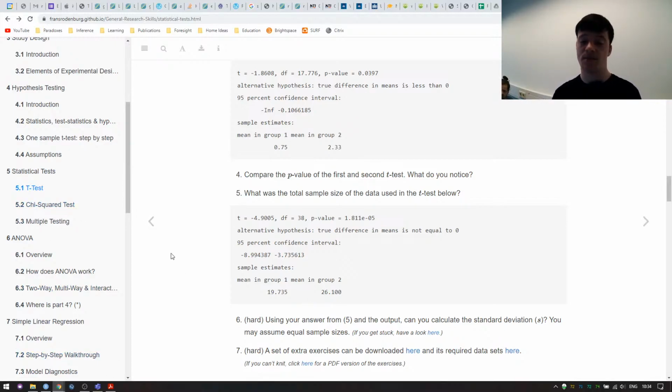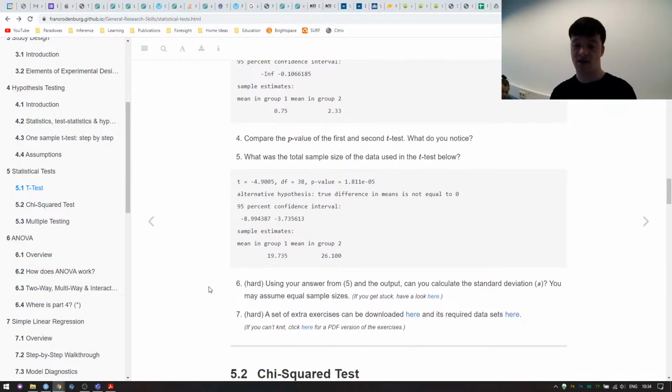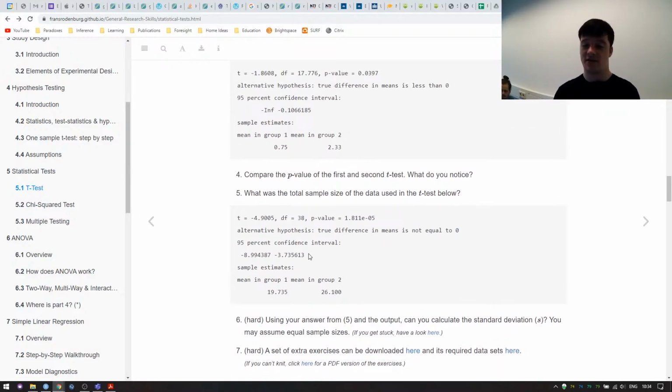There are also some harder exercises, so you can in principle calculate a lot more from these values, but I don't want to make it too complex because it's not a math class, but you can do it. So that's question 6. Then there's question 7, which is just choose the right t-test, but the choice is a bit more difficult.